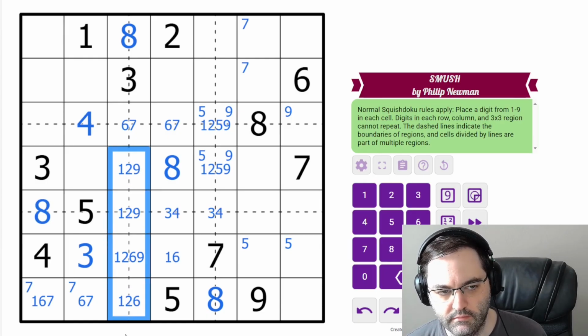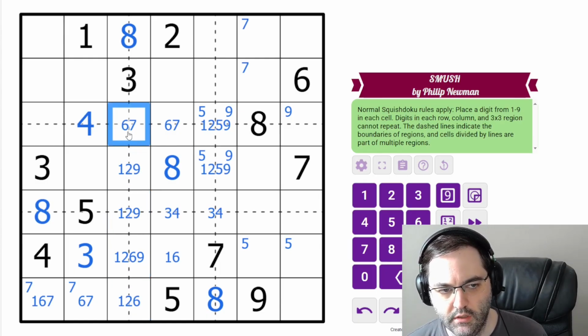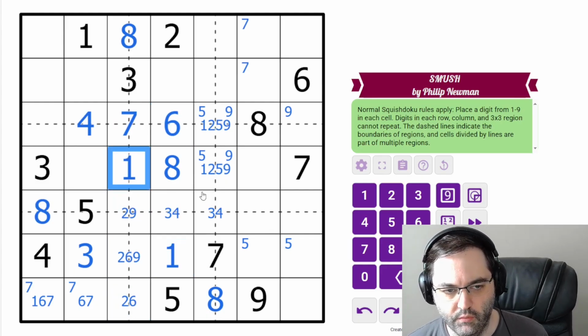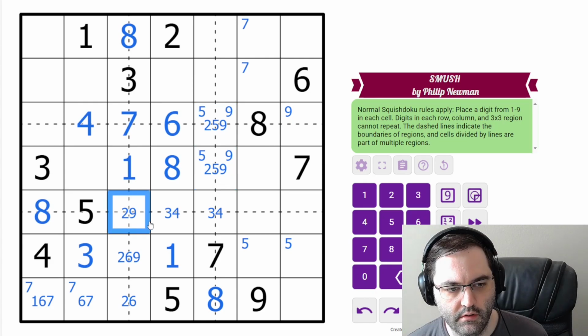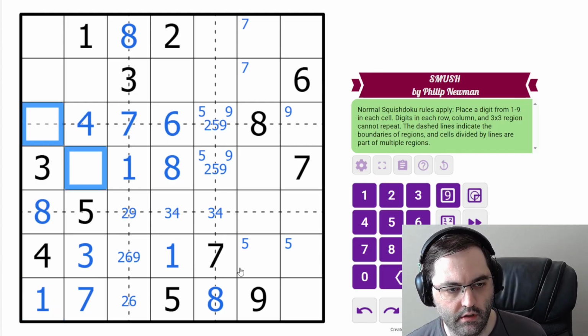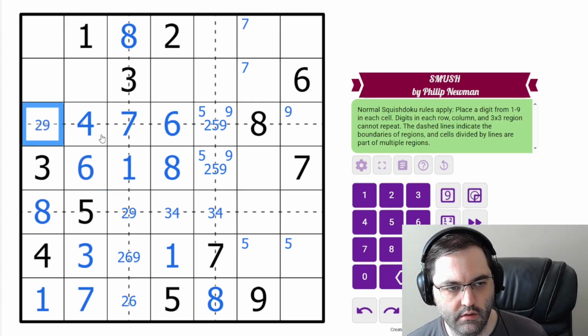So now we have a quad here. That makes that 7, that 6, that 1. These are not 1, so this is the 1. This is 2, 6, 9 now, so this must be 7 and 1. These are 2, 9, and 6. The 6 must go here.